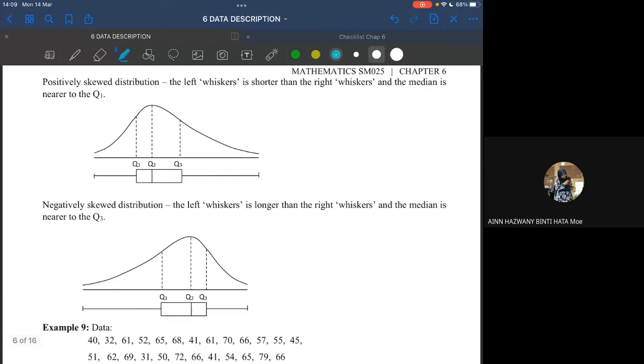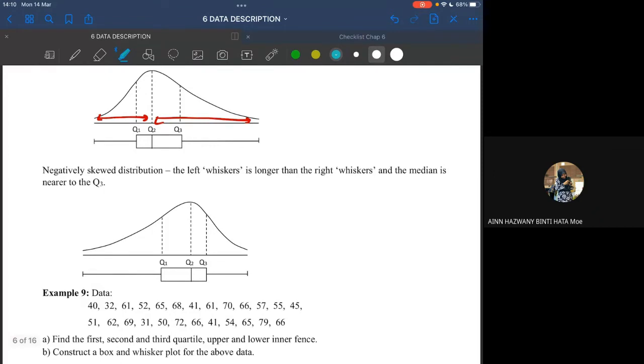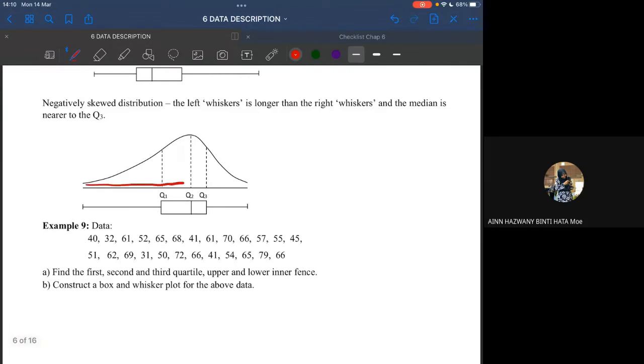Okay, if the value between Q2 dengan minimum lagi kecil daripada Q2 dengan maximum, your data is positively skewed distribution. Okay, positively skewed. So kamu tengok daripada minimum ke Q2, Q2 ke maximum. That is how you determine the skewness of the data. Sama juga kat sini, daripada sini ke sini, daripada sini ke sini. Okay. So kalau kiri lagi besar daripada kanan, the data is negatively skewed.